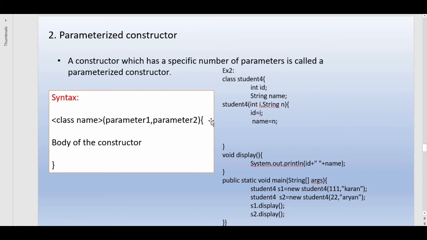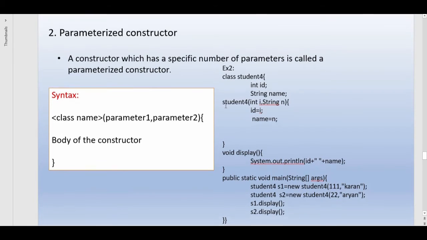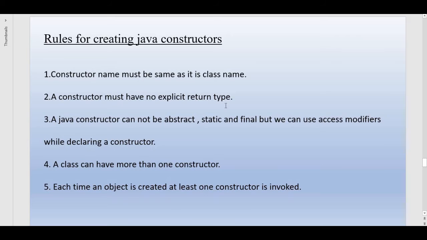The class name and constructor name are the same. That is the rule of Java. If we give another name to the constructor, then the compiler creates an error. Therefore, we must give the constructor the same name as its class name.